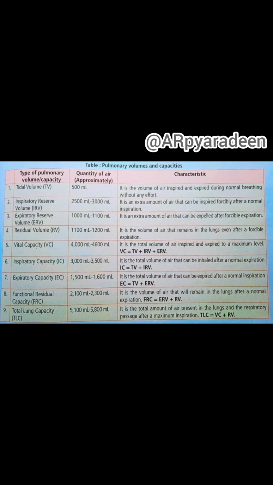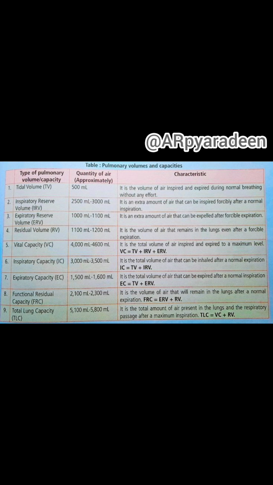After mechanism, we have some of the respiratory volumes and capacities. See, first, mainly, this respiratory volume is defined as the amount of air taken in and given out, which can be measured and expressed in respiratory volumes by using spirometer.